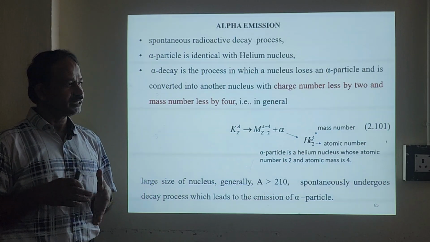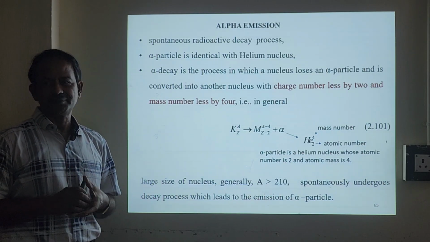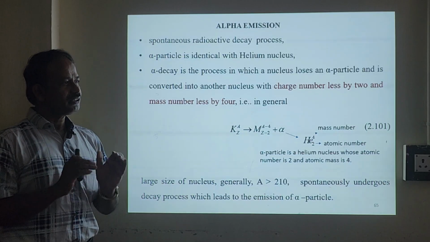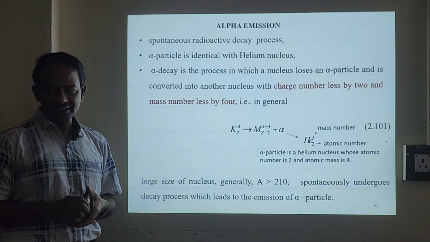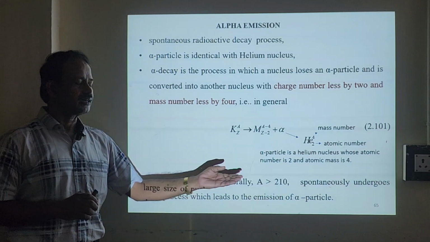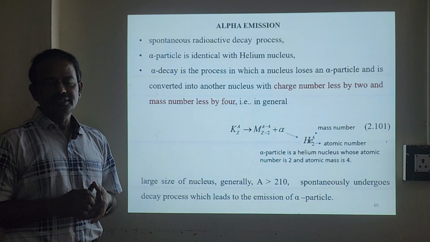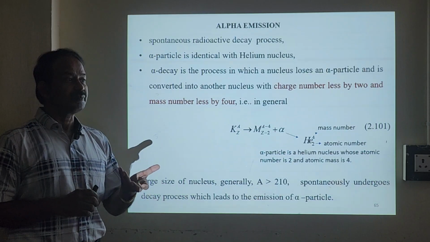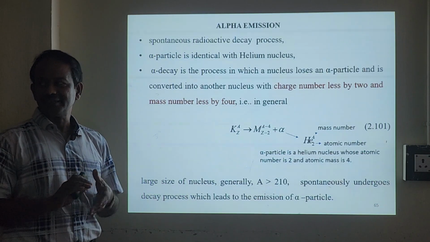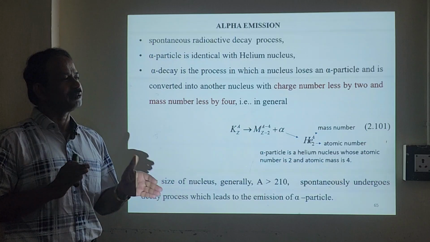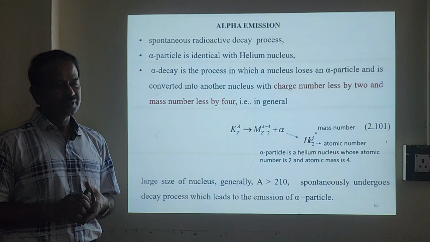Alpha particles are nothing but helium nuclei. These large nuclei are unstable. When you take a very small nucleus, say around 50 or 100, those elements will be stable and will never undergo the decay process.